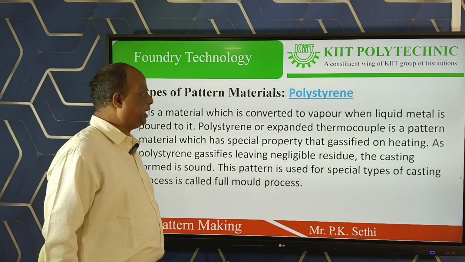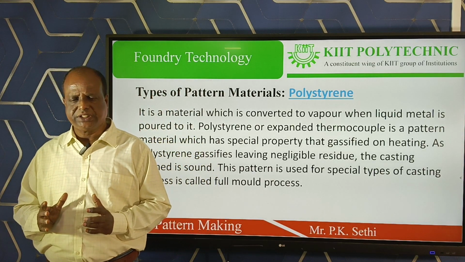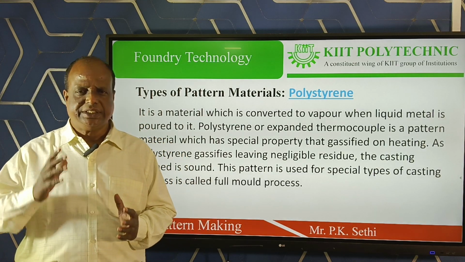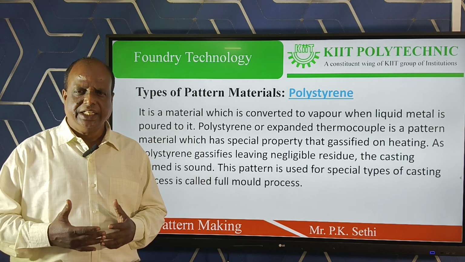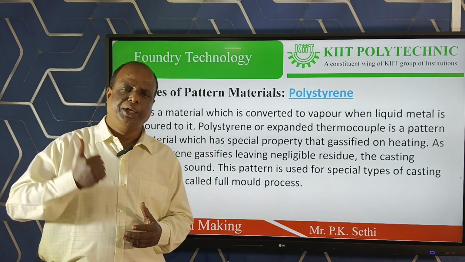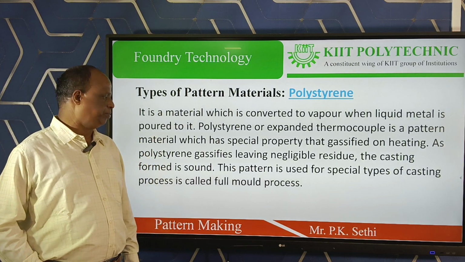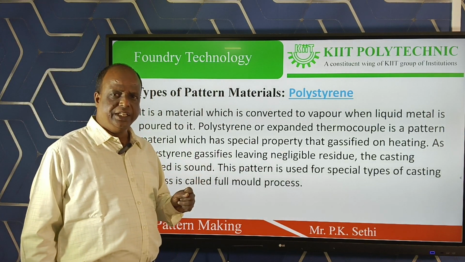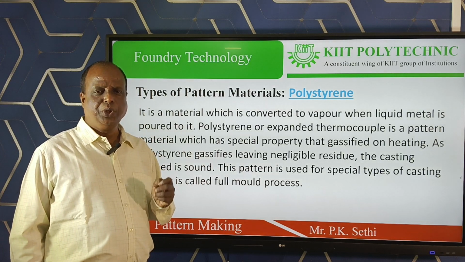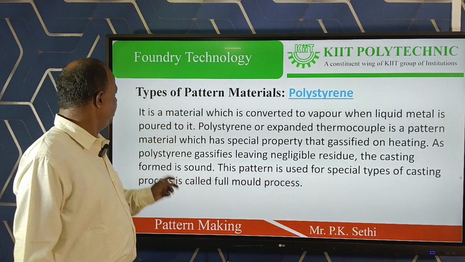Next is polystyrene material. This is a material which is generally present in liquid form, and when it is heated, it will evaporate into gaseous form. So it may be used for making patterns of very accurate dimensions.